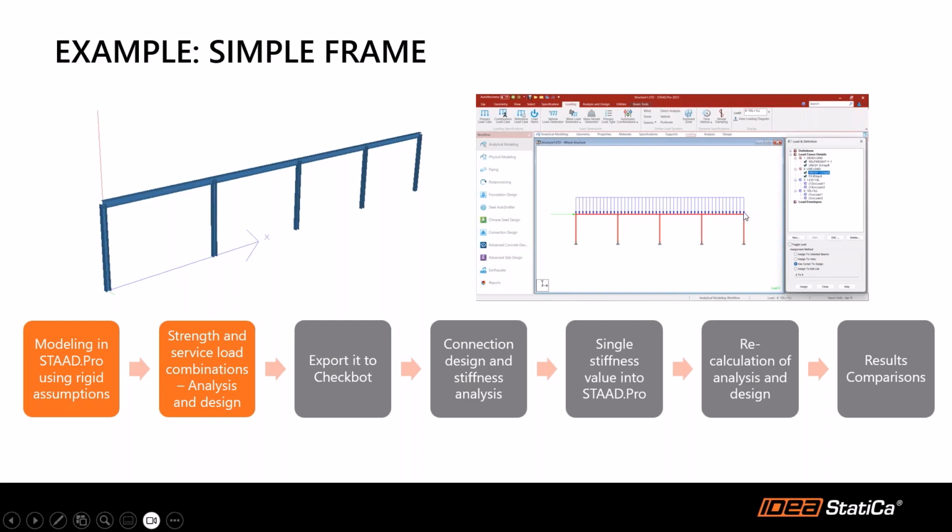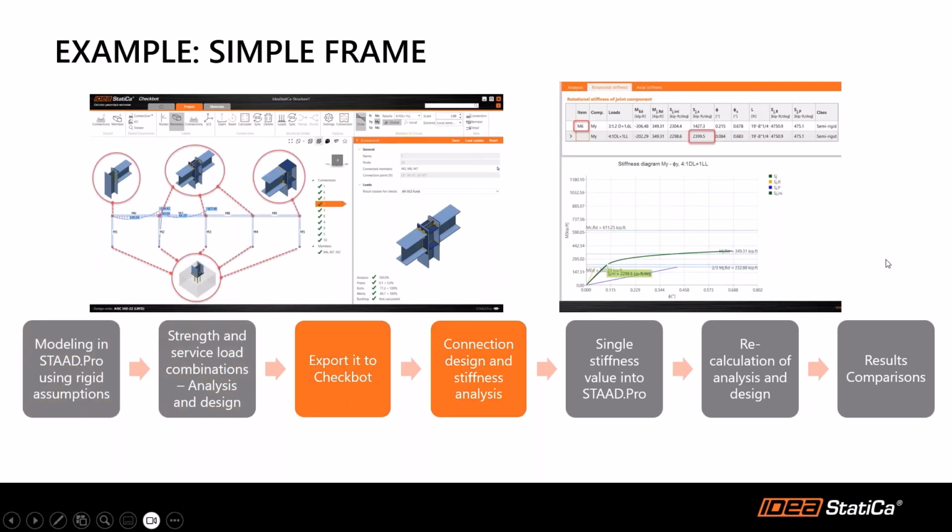This was a simple linear load in the beams, and then I added a lateral load in this corner here, right? Then I created the strength and service load combinations, and finally, I ran the analysis. Once I got the results of all the members, I exported them to Checkbot.